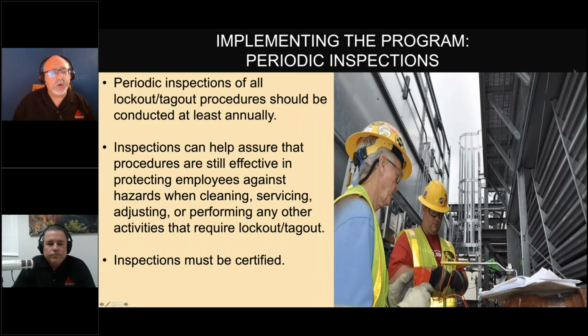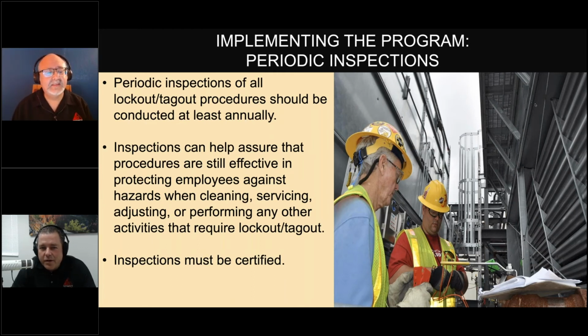All right. So periodic inspection. Periodic inspections of all lockout tagout procedures should be conducted at least annually. Now, why is this important? Why annually, or at a minimum? What could happen during that time? We see this on inspections all the time.